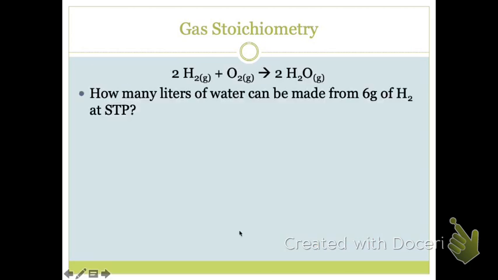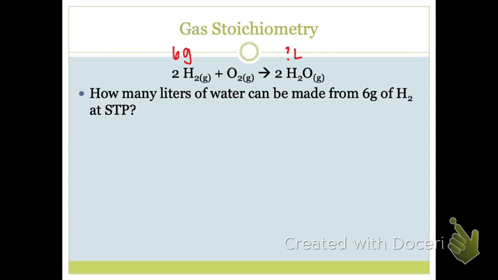Next one says, how many liters of water can be made from 6 grams of hydrogen gas at STP? So again, we're at STP. That tells me I can use that 22.4 conversion factor. But this time I'm starting with 6 grams, and I want to know how many liters of water I can make.